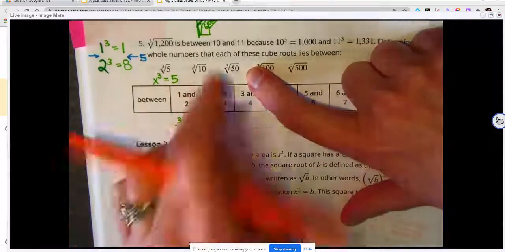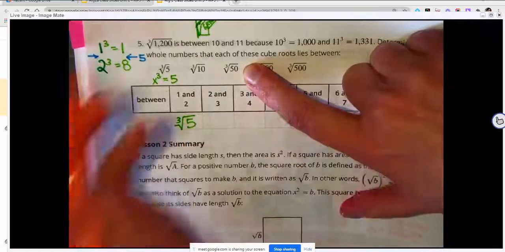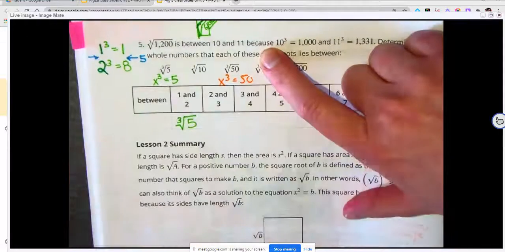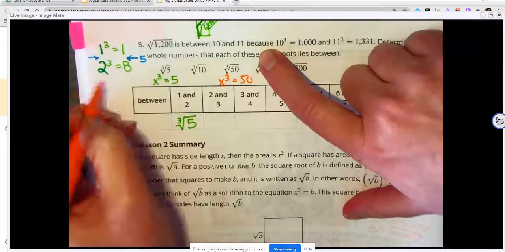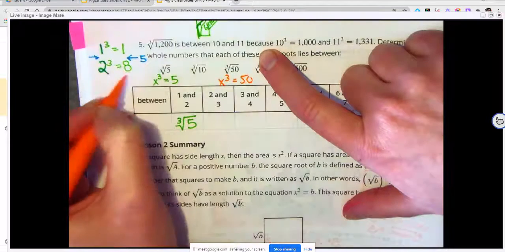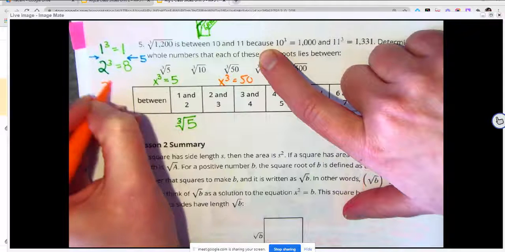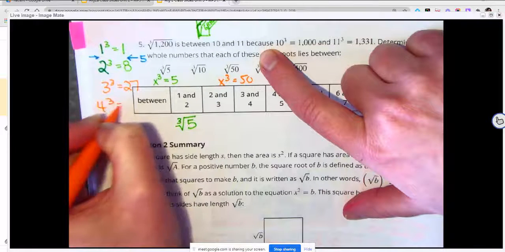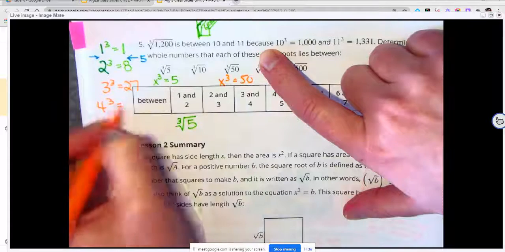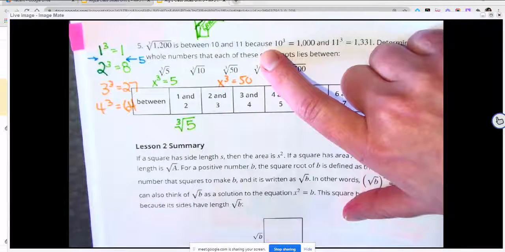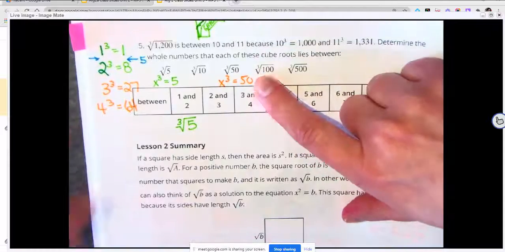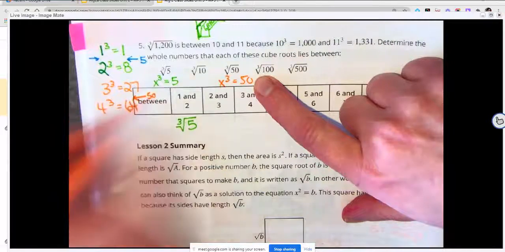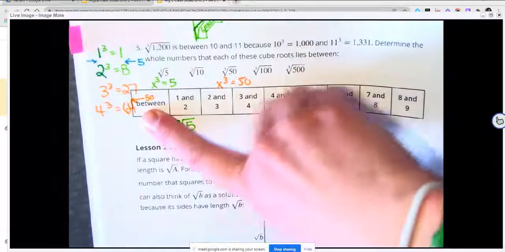I'm going to skip 10. Just think about that cube root of 50. So some number to the third power, getting as close to 50 as I can. Definitely more than 2 to the third power, because that's 8. 3 to the third is 27. 4 to the third, 64. I think we just did that somewhere. 50 is right in between these two. It's a little bit closer to 64.